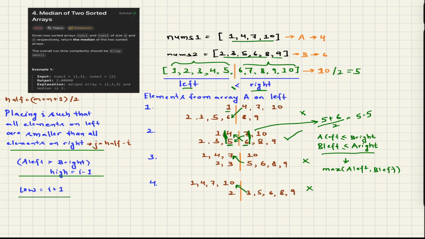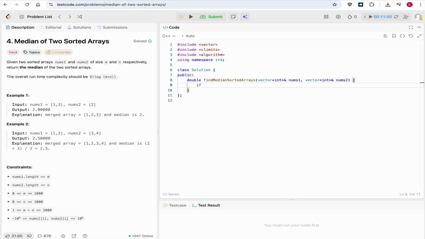Okay, yeah, so that's it. We discussed while solving the problem that I always want my A to be the smaller array, right?